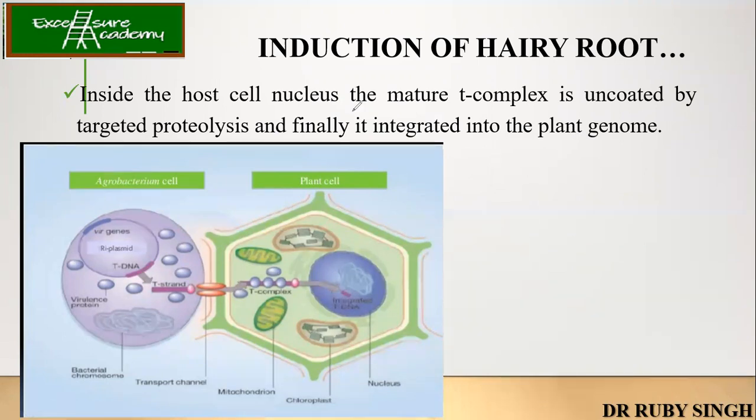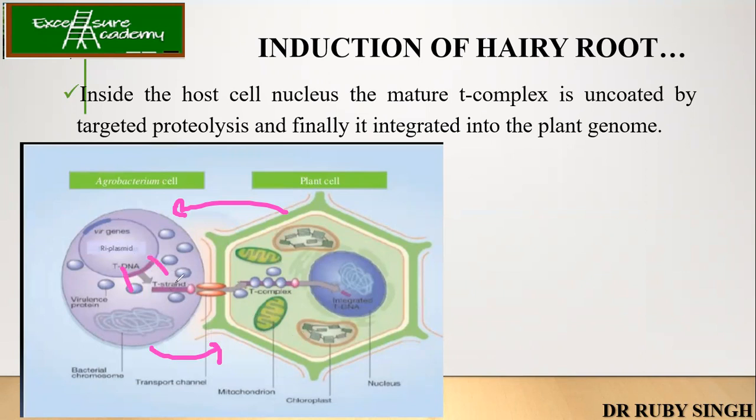Here, if you see, this is the Ri plasmid, which is present in Agrobacterium rhizogenes. First of all, the plant cell releases the acetosyringone chemical that attracts the bacteria towards the plant cell. The vir genes get activated. These genes help in cleaving the T-DNA from the Ri plasmid.